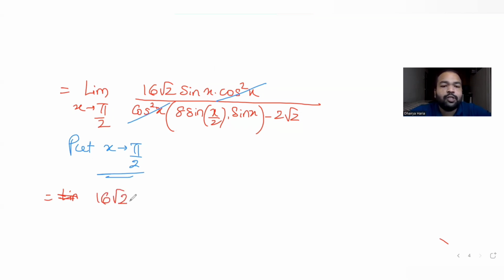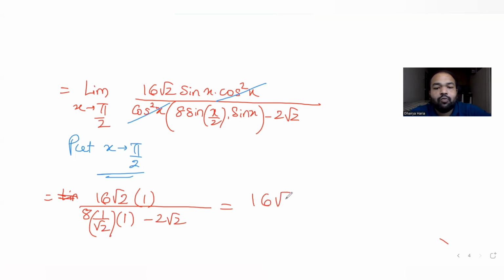I get numerator 16 root 2 sine of pi by 2, that is sine 90, that is 1, and 8 sine of pi by 2 divided by 2, so sine of pi by 4, that is sine 45, and sine 45 is 1 by root 2, into sine pi by 2 again, that is 1, minus 2. You get 16 root 2.